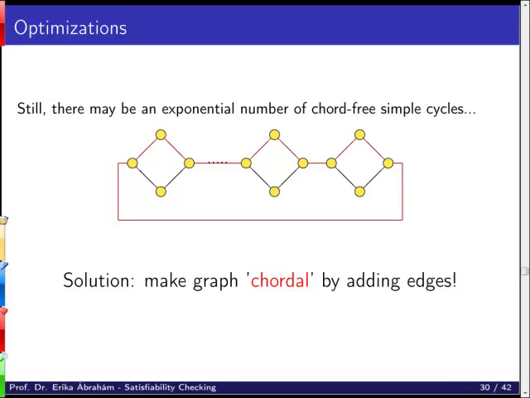That means if I draw some additional edges here, I would just allow these equalities to appear in my formula, but I do not make anything wrong with it. I just weaken my assumptions about the formula and allow more formulas to be represented by this graph. But now what happens to the chord-free cycles?